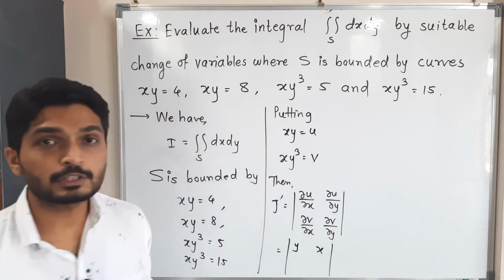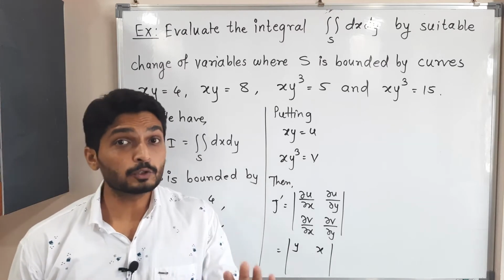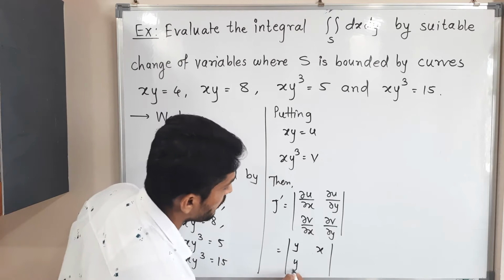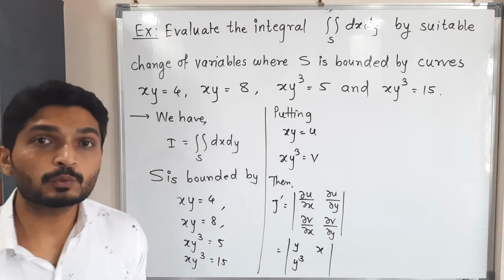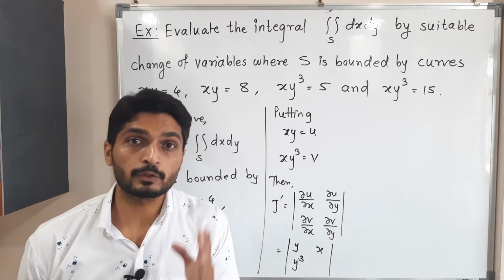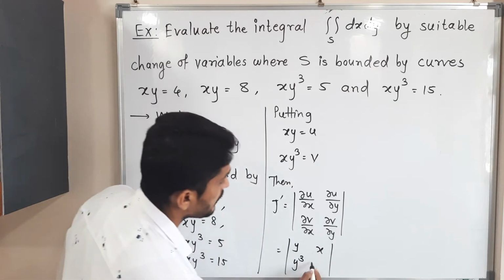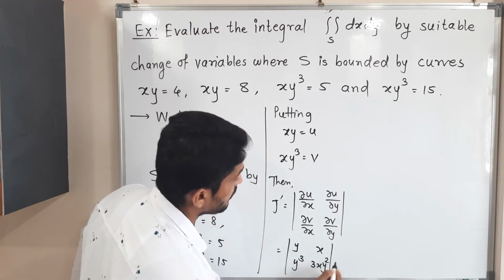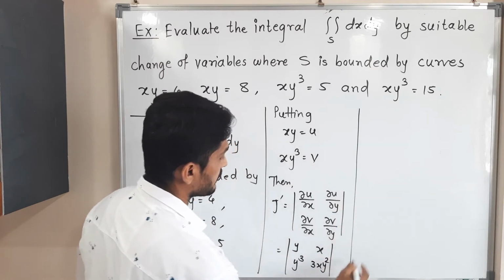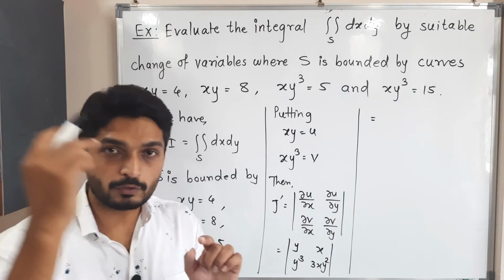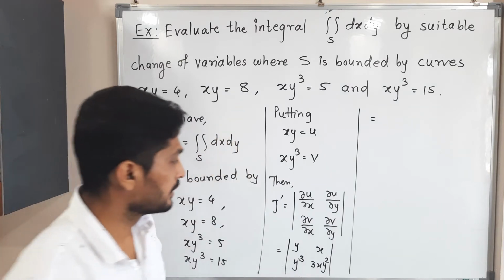Derivative of v with respect to x, y cube is constant, derivative of x is 1, so y cube. Derivative of v with respect to y, this time x is constant, derivative of y cube is 3y square, so the derivative is 3xy square. Let us simplify it further. You know how to solve a determinant: product of these two elements minus product of the other diagonal.